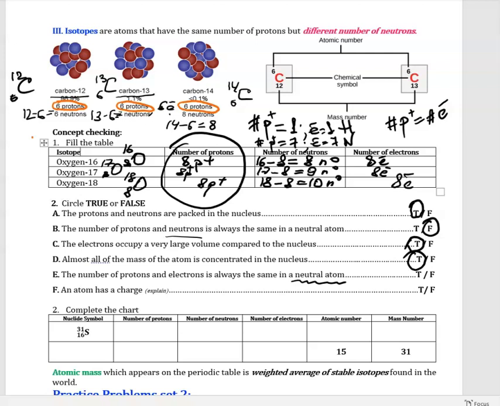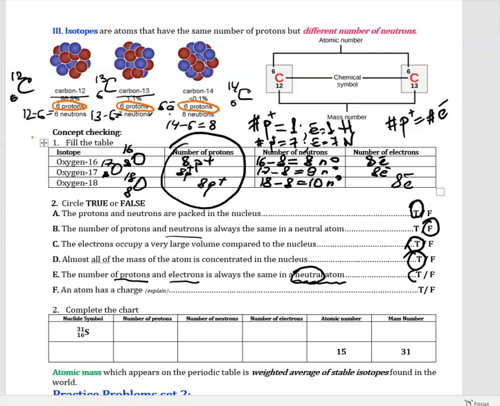You don't need to say neutral atom. If you say atom, that means that it is neutral. But especially for you, so that you don't forget, I put it here, neutral atom. Yes, the number of protons and electrons equals each other.